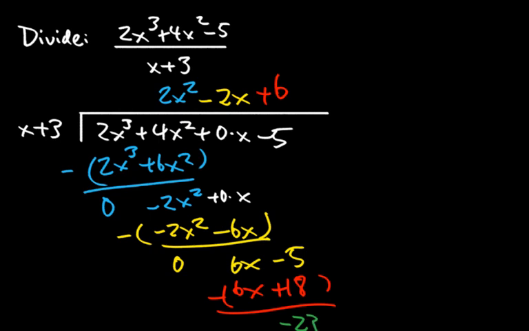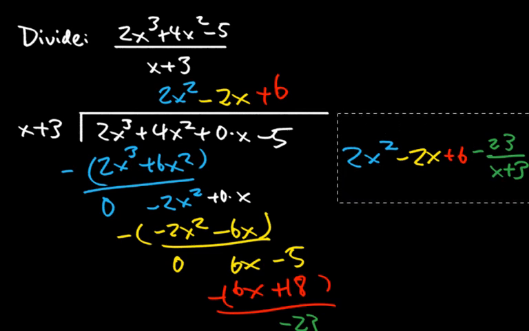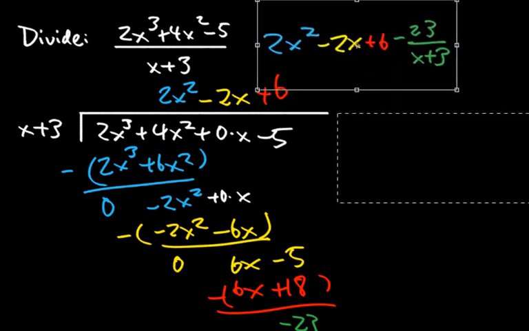So what we end up with here in the end is 2x squared minus 2x plus 6 minus 23 over x plus 3. And that is what we're going to get there. So I'm just going to put that there, put an equal sign.